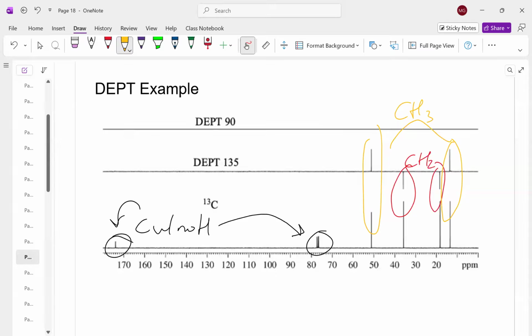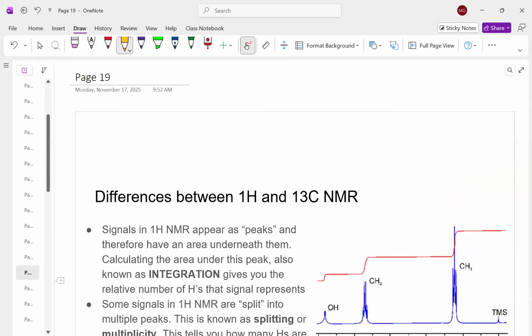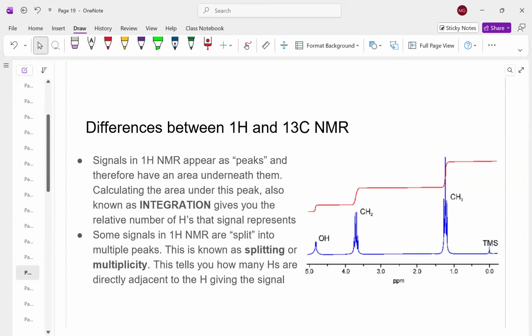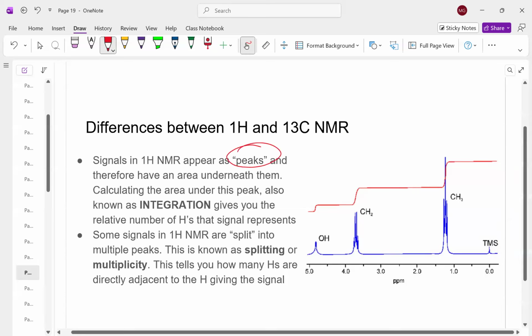And that's going to wrap it up for carbon NMR. As we transition into proton NMR, I want to highlight a couple of things that we're going to notice. As I said earlier, it's usually a little bit more complex, but there are a couple of additional things that we have in proton NMR that we don't have in carbon NMR. In proton NMR, the signals appear as peaks.